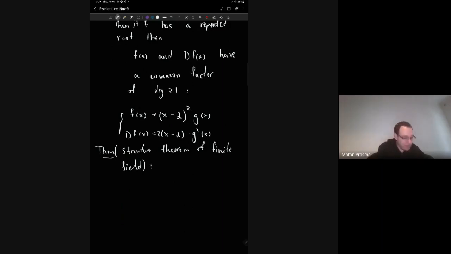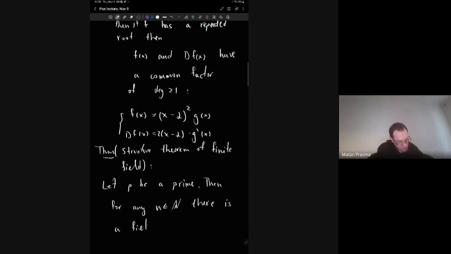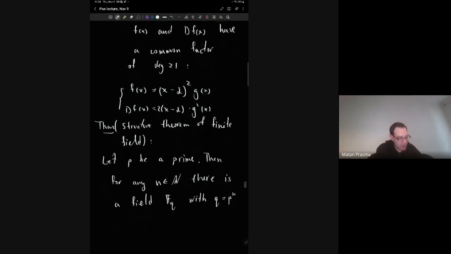And the claim is: you fix a prime p. Then for any n in N, there is a field F_q with q equals p to the n elements.